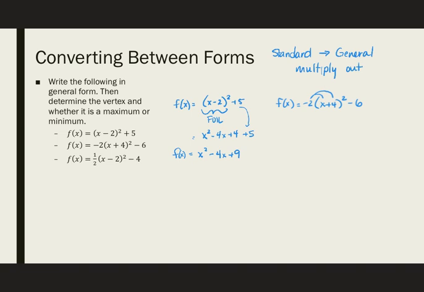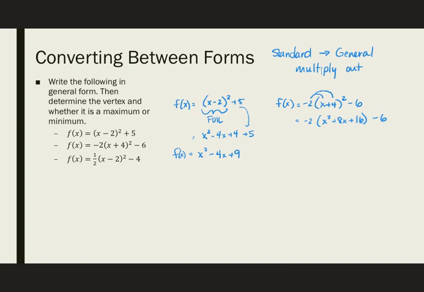So before I can multiply, we have to take care of that exponent. So I have to FOIL this first. So this is going to be negative 2 times x plus 4 times x plus 4 is going to be x squared plus 8x plus 16 minus the 6 on the end.